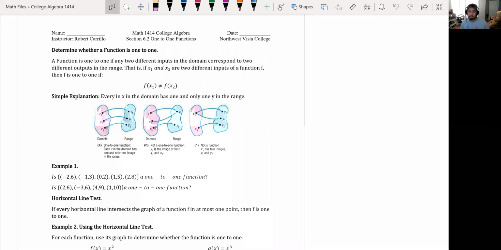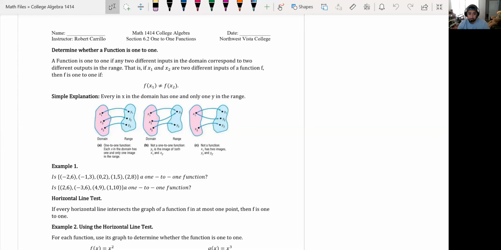So, a bunch of definition on this page, right? A function is one-to-one if any two different inputs in the domain correspond to two different outputs in the range. That is, if x1 and x2 are two different inputs of a function, then f is one-to-one if and only if f of x1 does not equal f of x2.